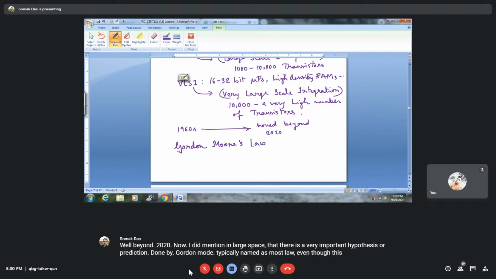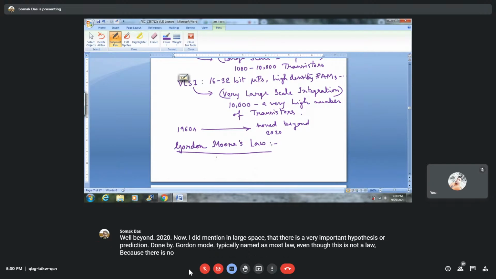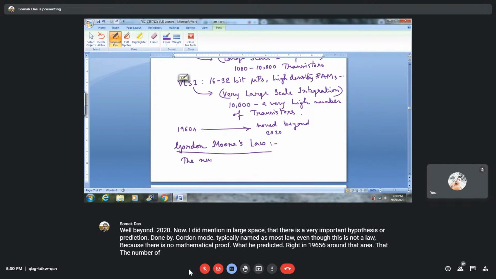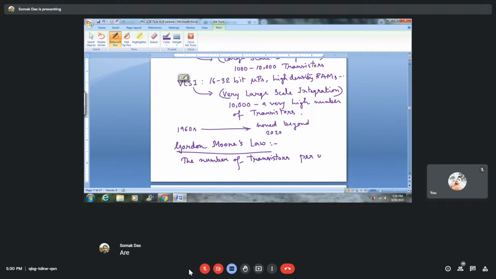Even though this is not a law, because there is no mathematical proof, what he predicted right in 1965-66, around that era, is that the number of transistors per unit area of a chip shall double every 2 years.